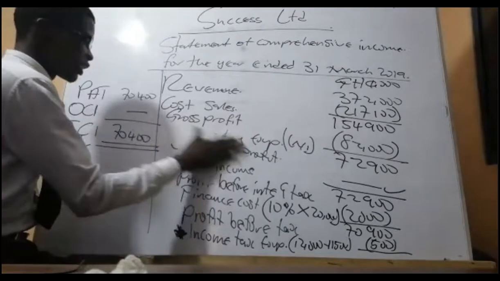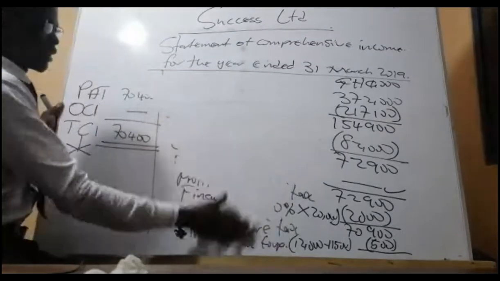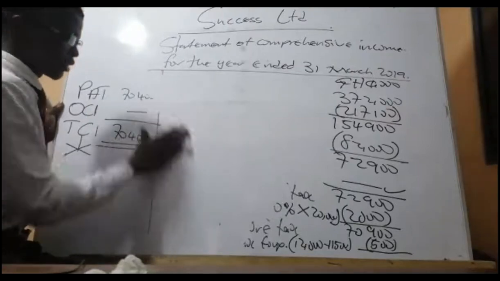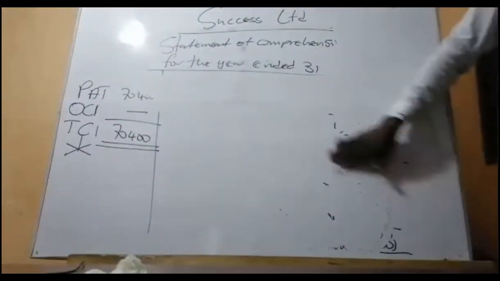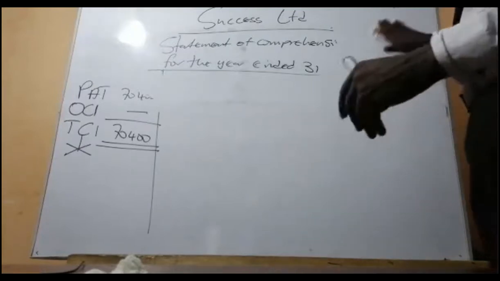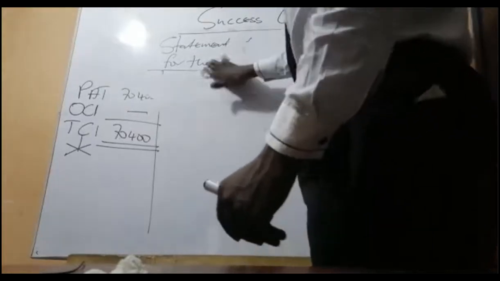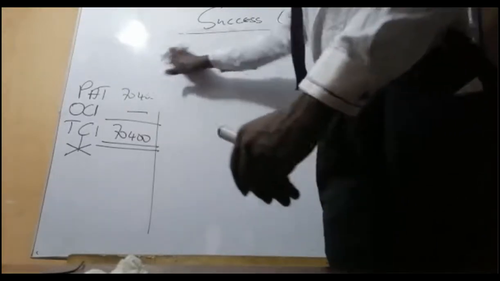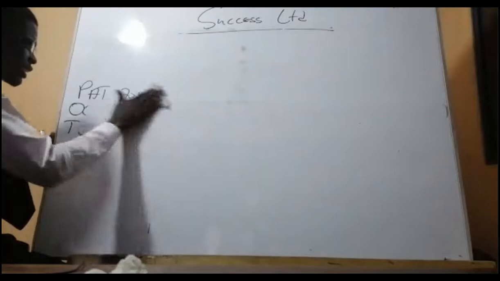Since we are in Ghana, and the company does not deal with foreign exchange transactions, we are going to use the cedi as the presentational currency, and mostly it is the functional currency too. Then you'll be fine. So, Success Limited.